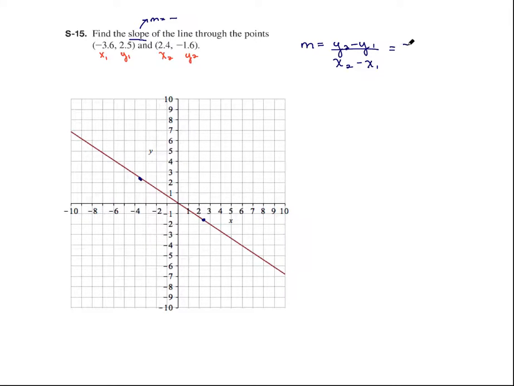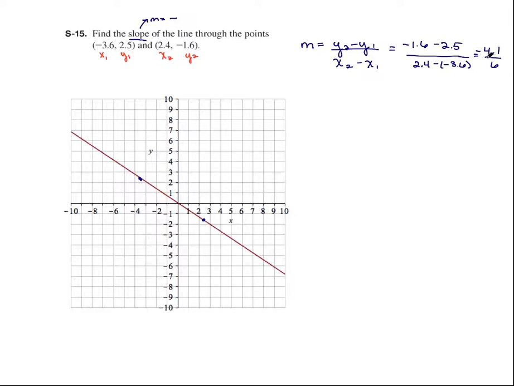That gives me negative 1.6 minus 2.5 divided by 2.4 minus negative 3.6. On the top here, my numerator, I get negative 4.1, and then a minus and a negative gives us a positive, so 2.4 plus 3.6 gives us 6.